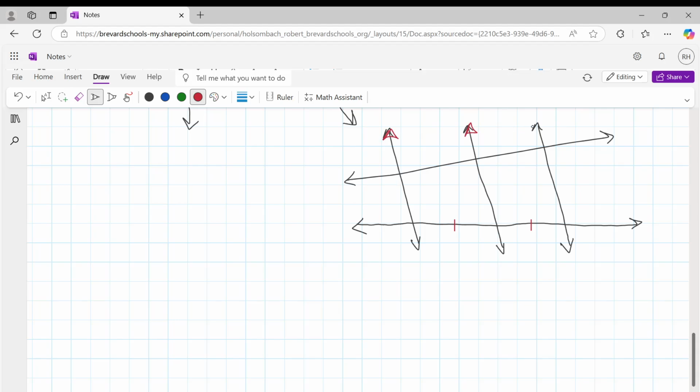The 3 lines are parallel. Then up top we got a J, K, and an L. J to K is 6x minus 5. K to L is 4x plus 3.